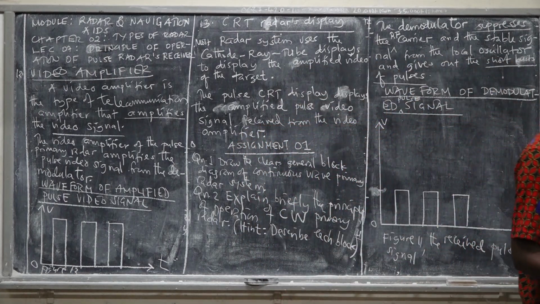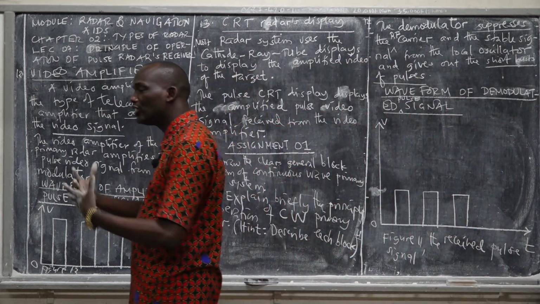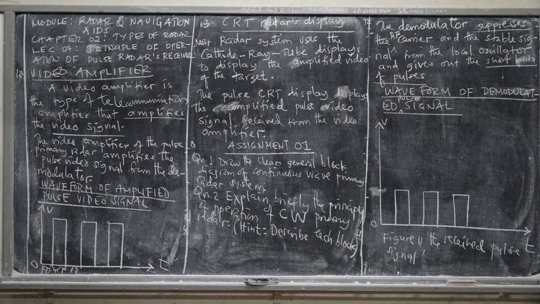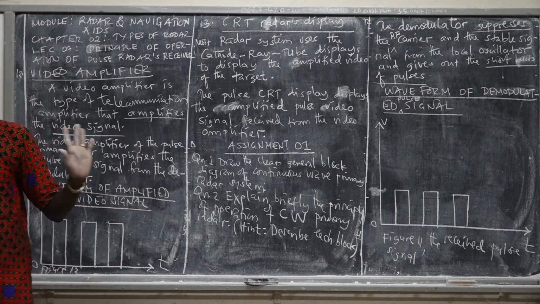So I want to give you a warning: make sure that you read different sources and you understand, then draw the one which presents the whole picture of continuous wave primary radar. Even myself, when preparing the notes for the primary radar, I found different general block diagrams, but I chose the one which is actually correct and has a link.